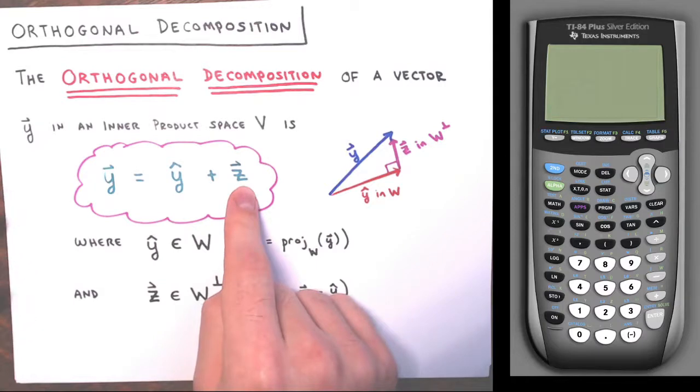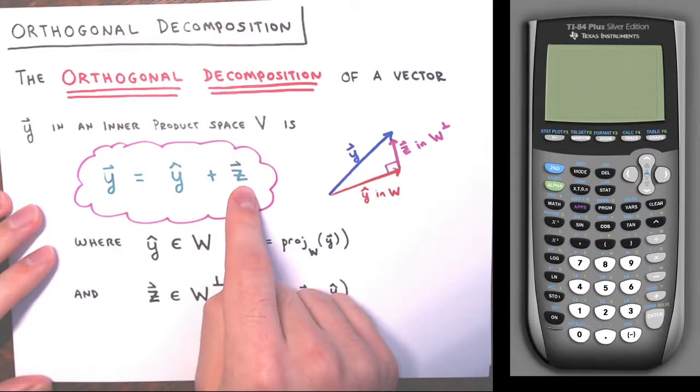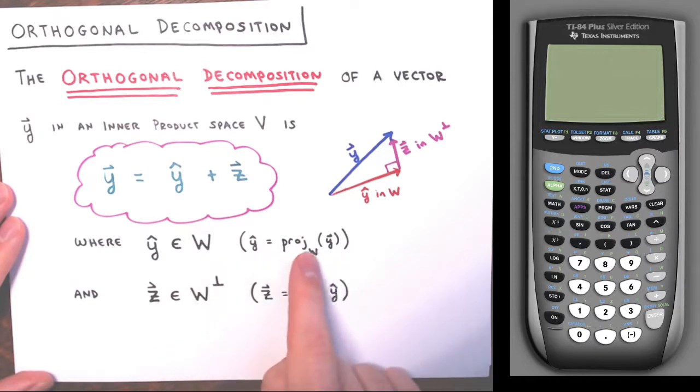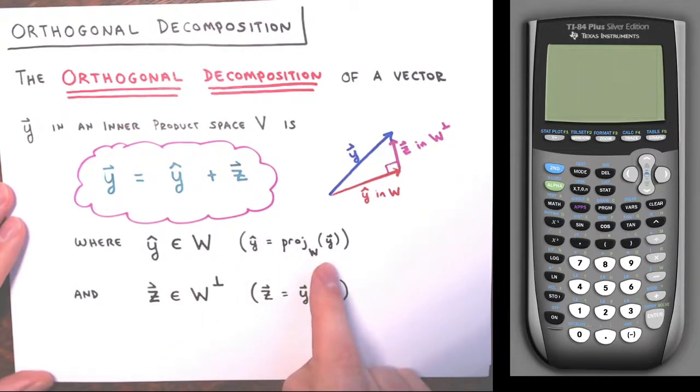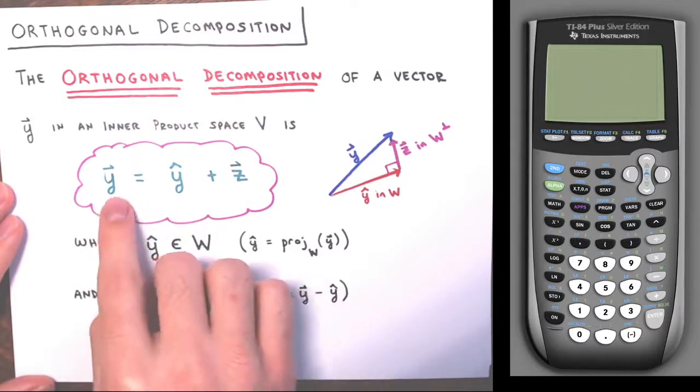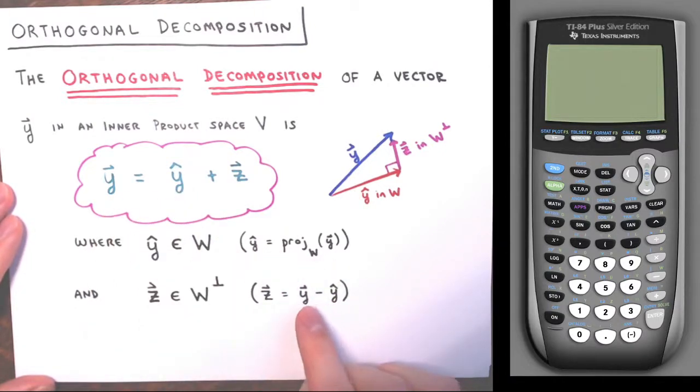You can call this other vector z whatever you want. Just know that this other vector is in the orthogonal complement of W, where y hat is in W. It's that projection vector, the projection of y onto W. And z is in the orthogonal complement of W. And the way to find it is we're just going to take y minus y hat, once you've found y hat.